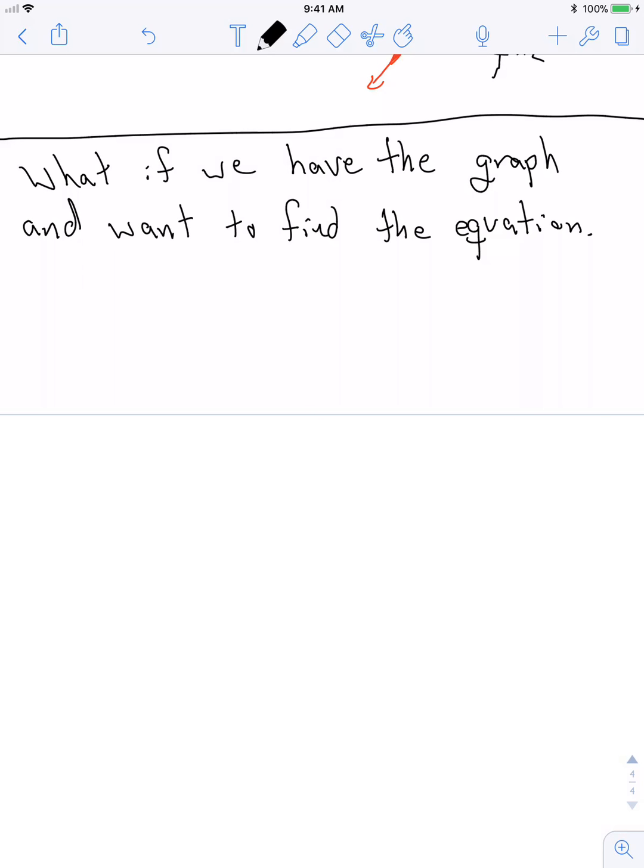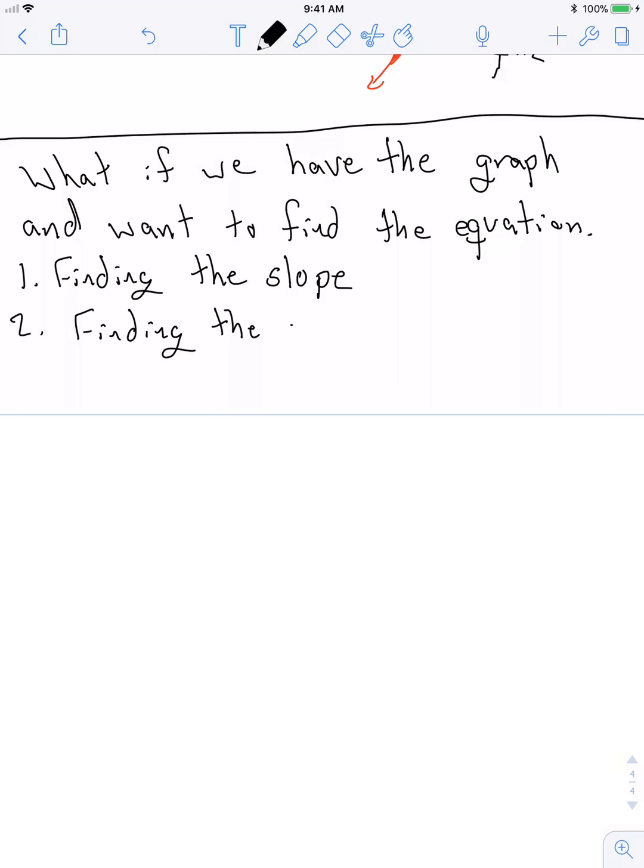Well, with our point-slope form, this amounts to finding the slope and finding the y-intercept. And finding the y-intercept is easy enough. We just have to look at the graph.